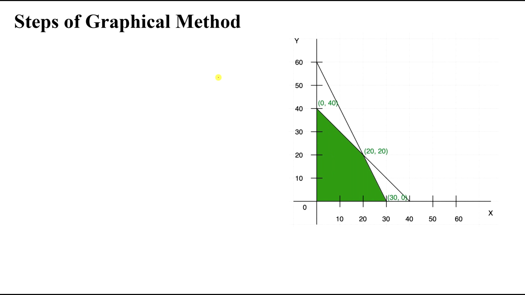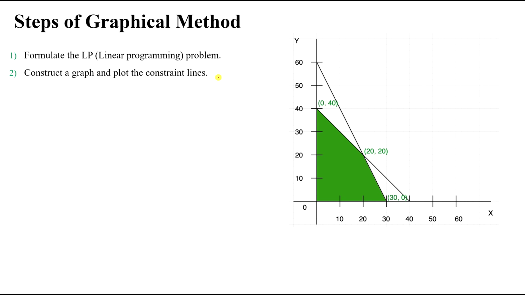Now, what exactly are the steps that we are going to follow? This is an example of how the graphical method works. Number one, we formulate the linear programming problem. If we have sentences that represent our problem, we convert them into linear equations, with an objective function and our constraints. Then we have a graph with XY axes like the one you see here, and on it we plot each equation, each constraint.